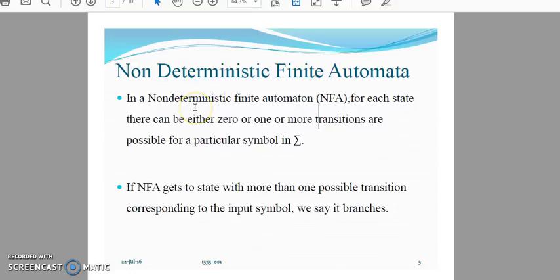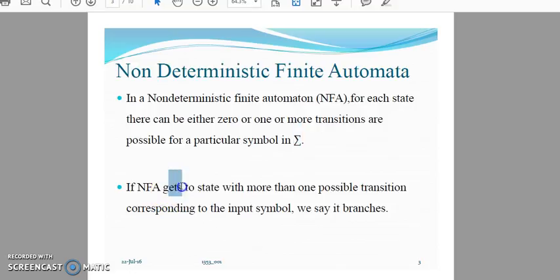But in an NFA, for a given symbol in sigma, we may have either zero transitions, that means we may not have a transition at all, or one transition, that means a singleton transition, or more transitions by consuming one input symbol in the given sigma.